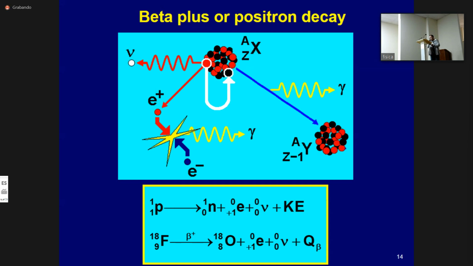The total energy released during decay is almost all distributed between the positron and the neutrino. So the beta particles are emitted with a continuous energy spectrum, like in the previous case, that extends from 0 to a maximum value depending on the radionuclide. Their minimum energy is 0, the maximum Q beta.